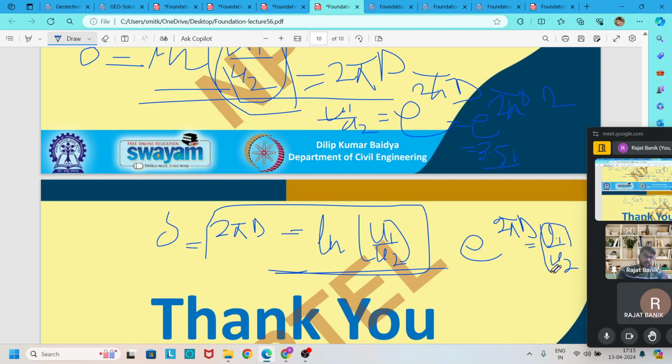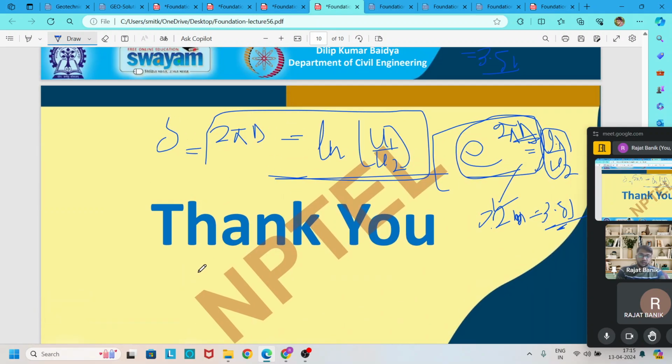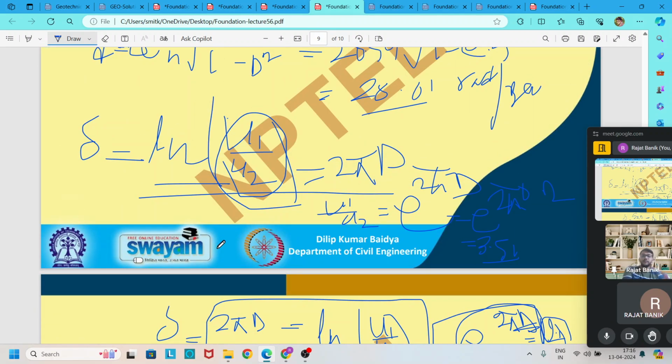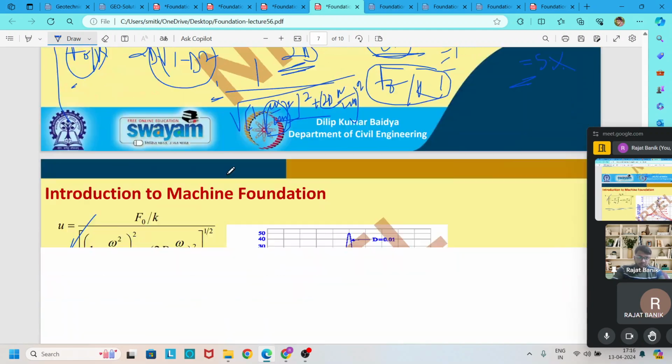We have to find this in our question. So we put using this equation the value of d, which is 0.2. After that we get the ratio as 3.51. So I think we completed lecture number 56, all this problem.